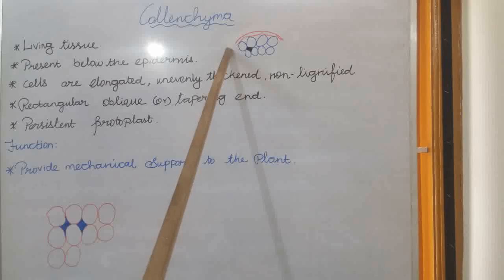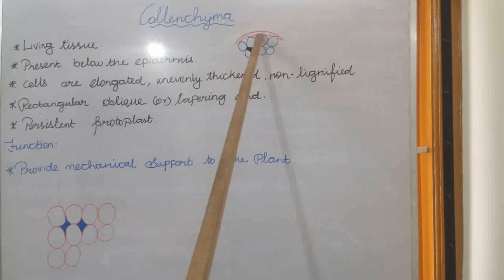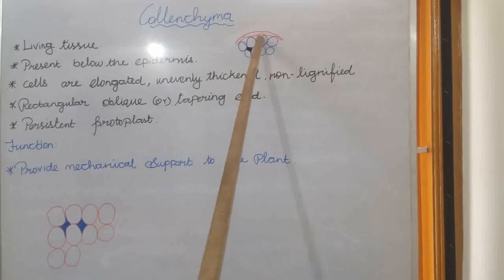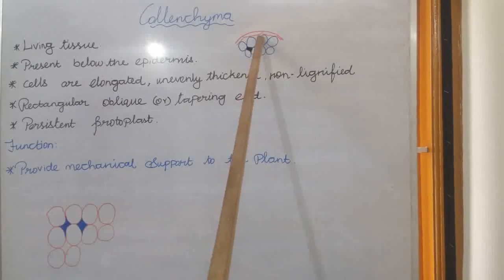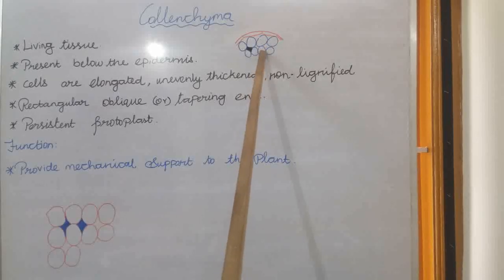The foremost layer is called the epidermis. What is meant by epidermis? The outermost layer of the root, stem, leaf is called the epidermis. Below the epidermis, the collenchyma tissues are present.